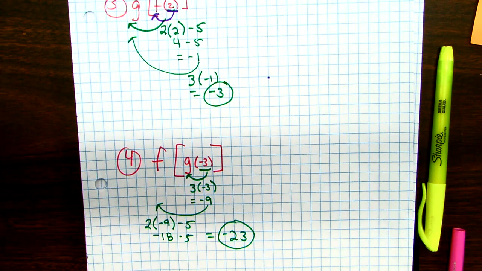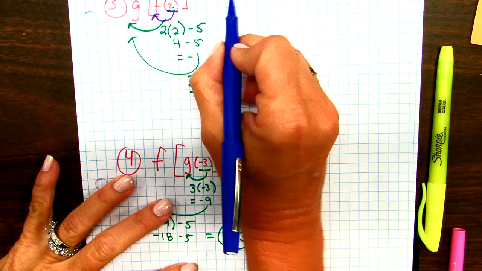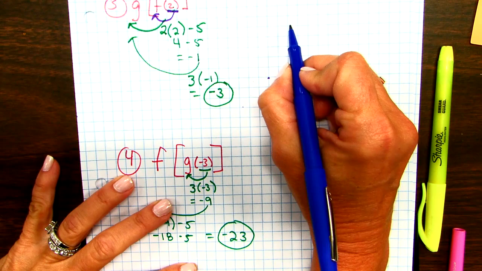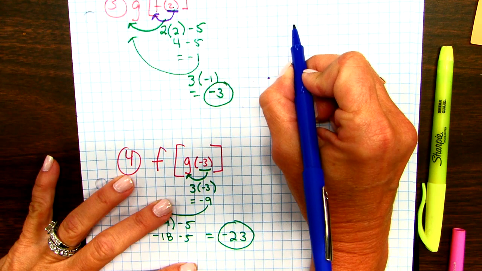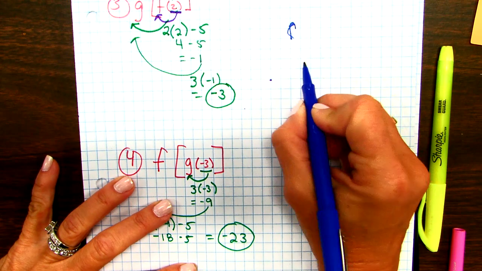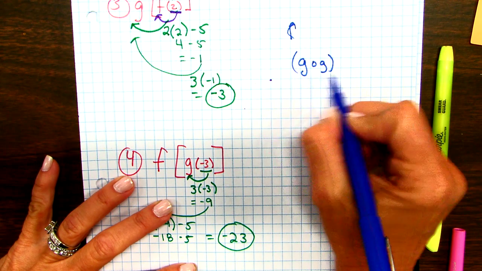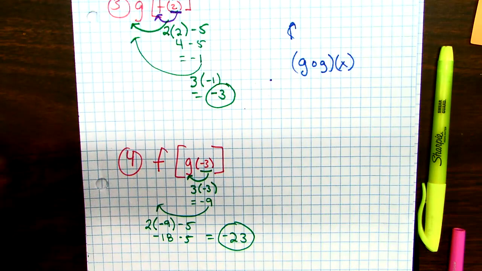Let me do one more example here for you. Using these same givens, what if I said to you, g of g of x, looks funny.